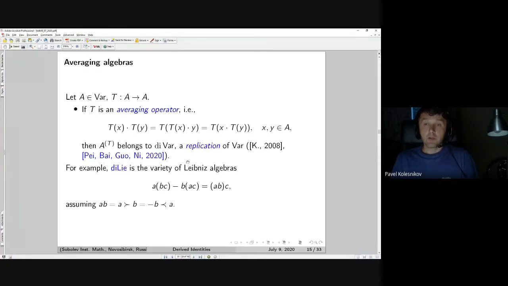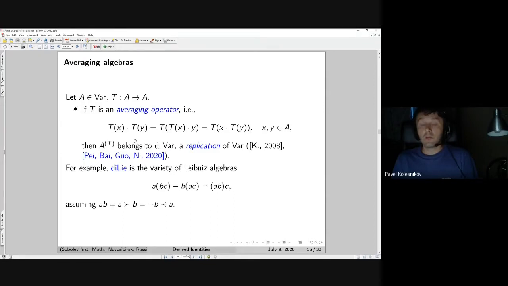Another case when the answer is known in the literature is the class of so-called averaging operators. The definition of an averaging operator is somehow dual to the definition of a Rota-Baxter operator, and the question is actually the same.